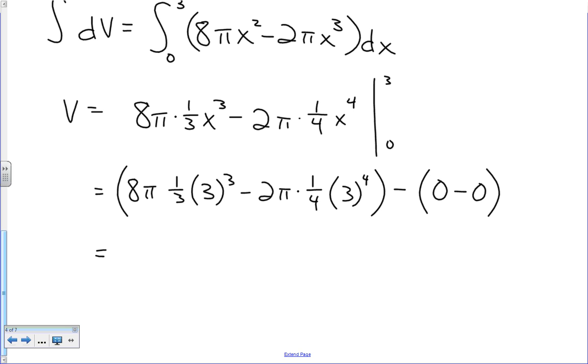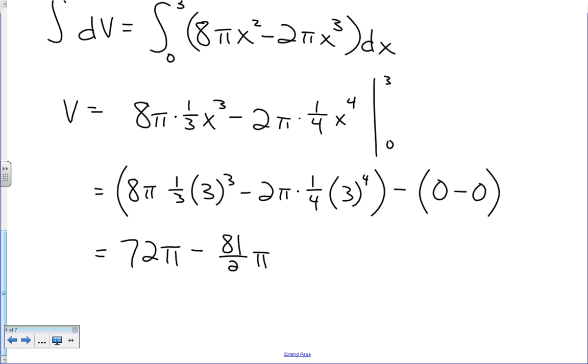So I have 1/3 times 3 cubed there. 3 cubed is 27, and 1/3 of that is 9. So 9 times 8 is 72 pi, minus 3 to the 4th power is 81. And then I've got 2 times 1/4, that's 1/2, so it's 81 over 2 times pi. And again, the 0 at the end drops out.